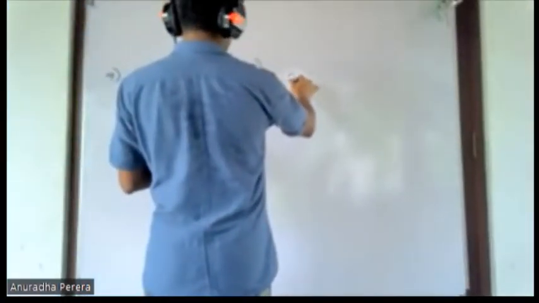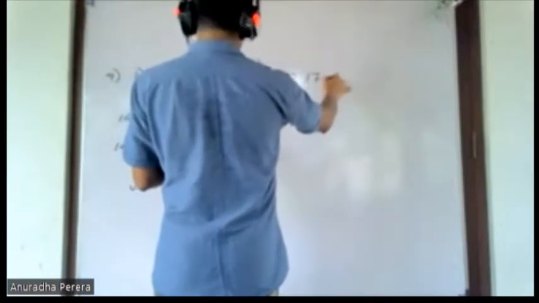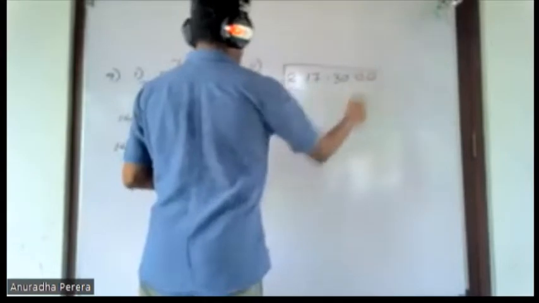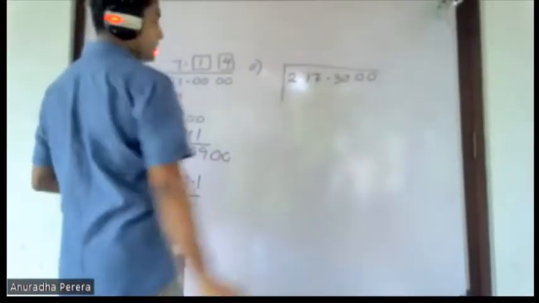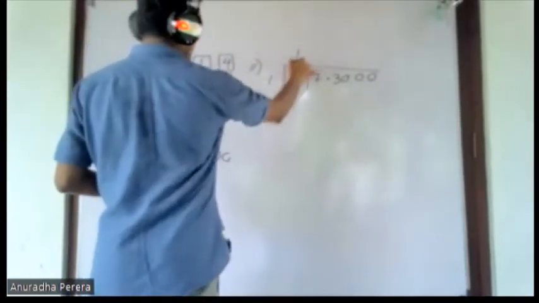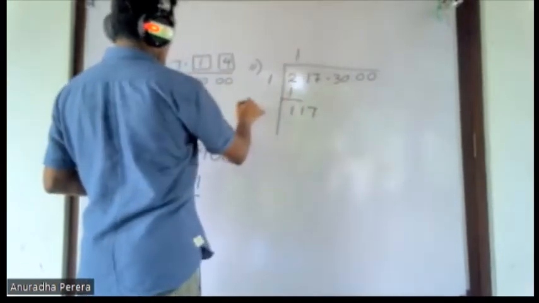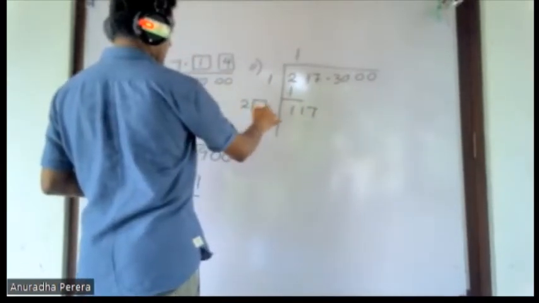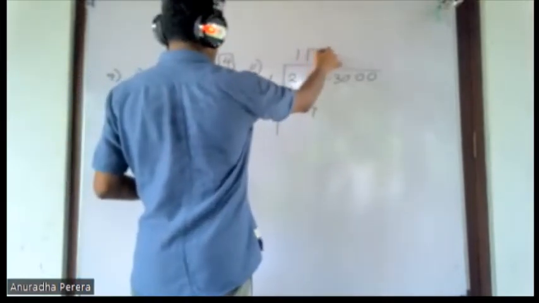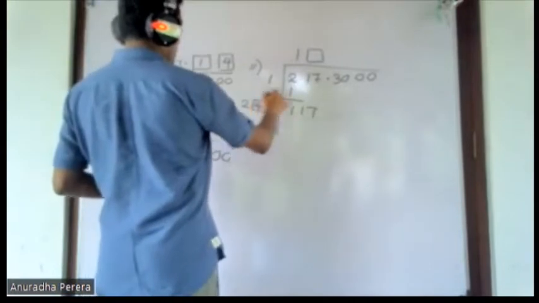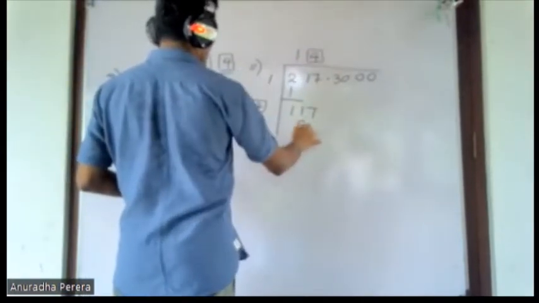Root 217, 3000. Complete square less than 2 is 1. Square root also 1. 1 into 1, 1. Take this 17. 2 times 1, 2. 4. 96.